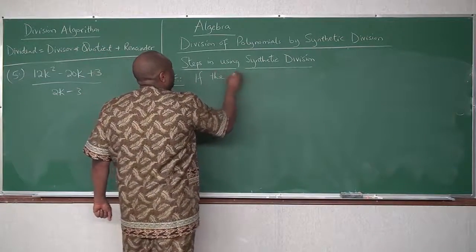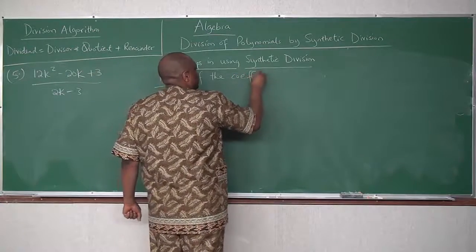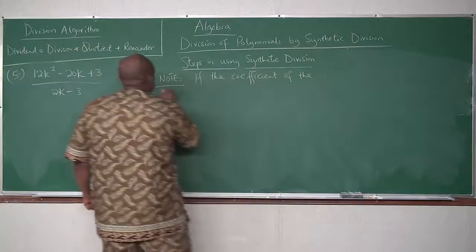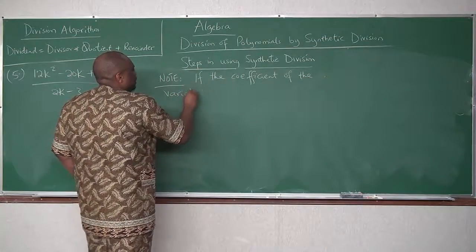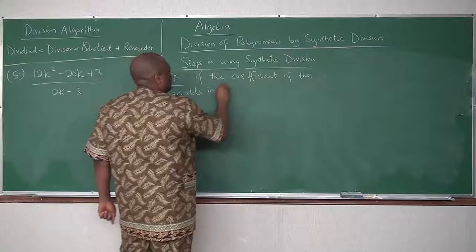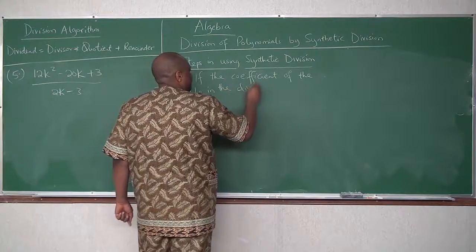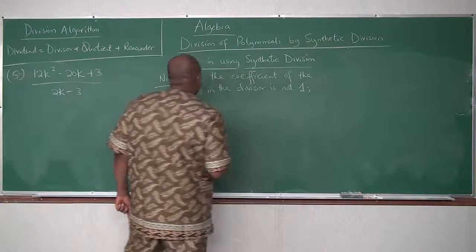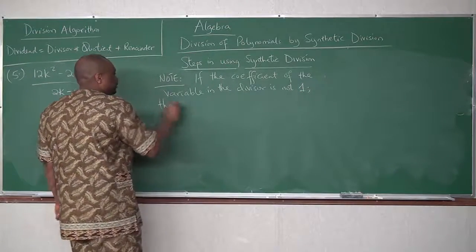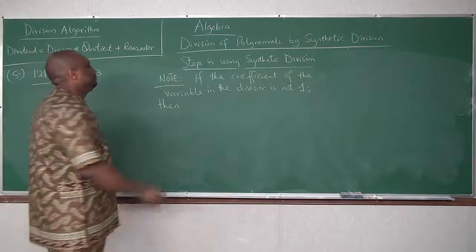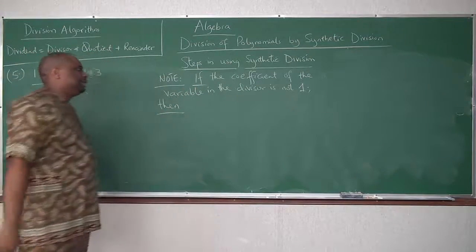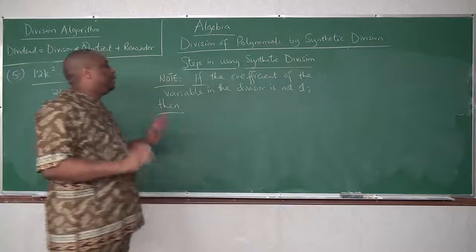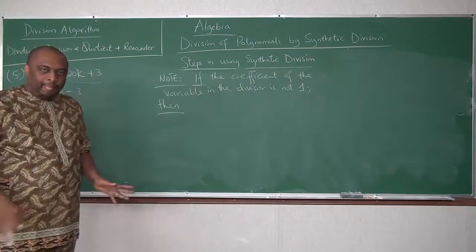If the coefficient of the variable in the divisor is not 1, then, a conditional statement, if then, make it to be 1.